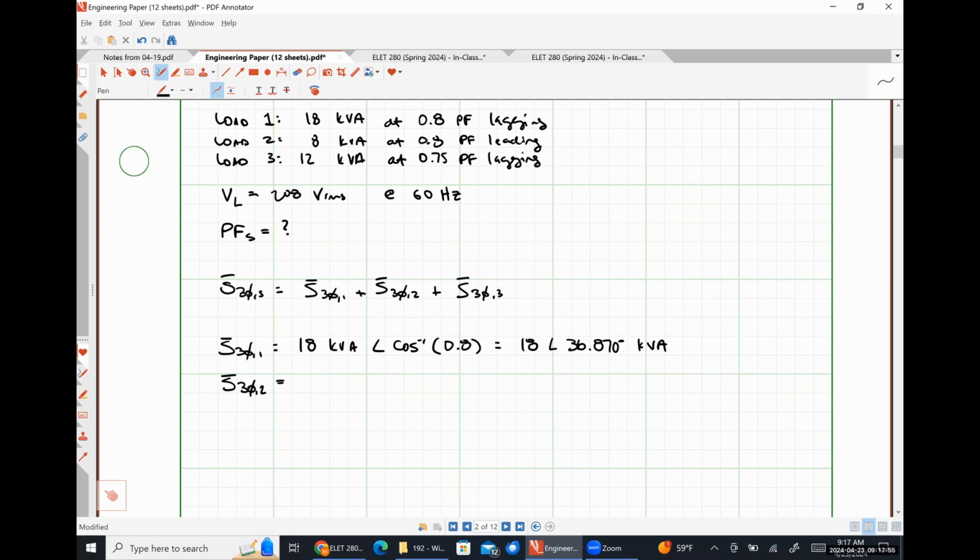So that's going to look like 8 kVA with an angle of negative inverse cosine 0.8. So that'll be 8 angle negative 36.870 degrees kVA.